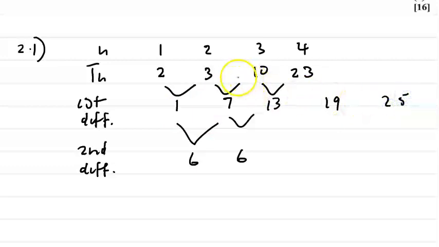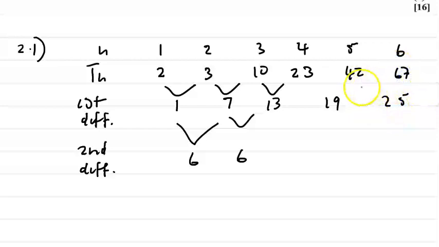Therefore, if you now want to write down the next terms of the sequence, so let's say we want to write down the fifth and the sixth term of the sequence, 23 plus 19 will give us 42. And the sixth term, although they didn't ask us, 42 plus 25 equals 67.